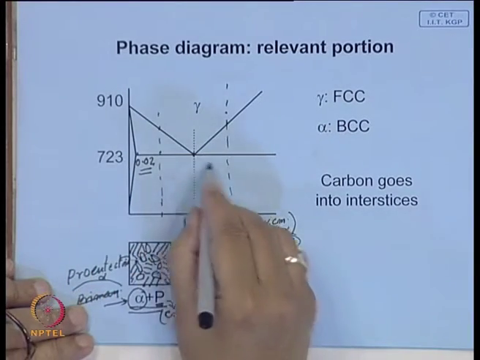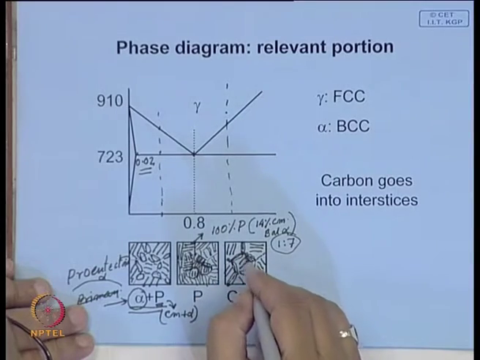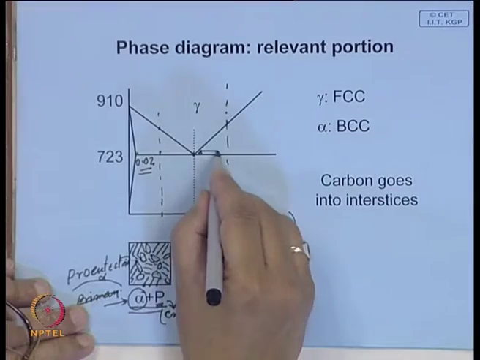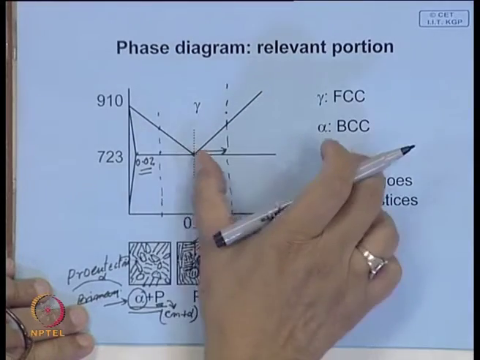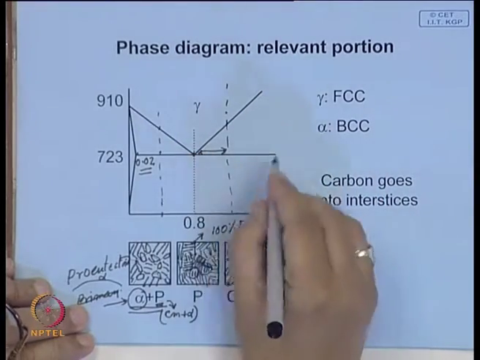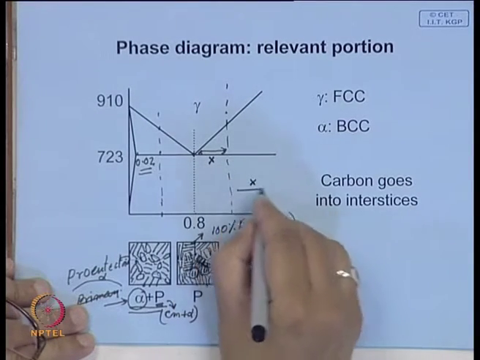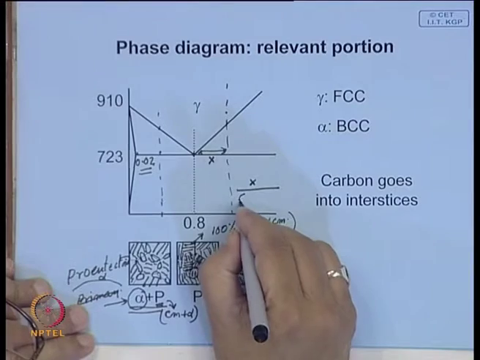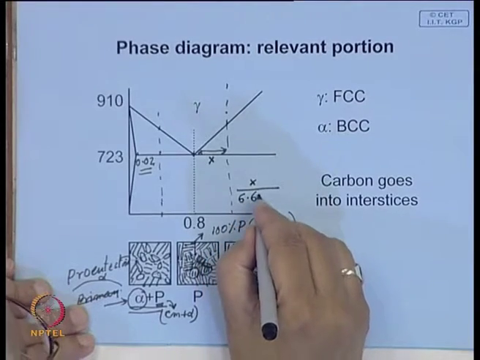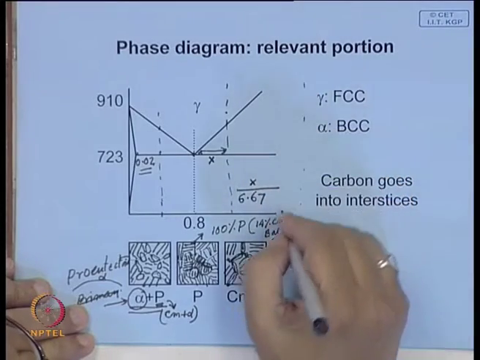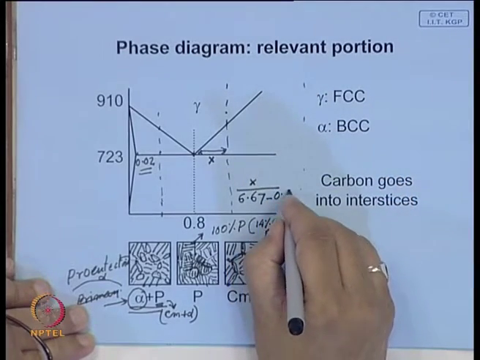But in this case, the amount of proeutectoid cementite will be proportional to this portion over that entire portion, and this depends on 6.67, the amount of carbon in cementite, somewhere in this end 6.67 minus 0.8.